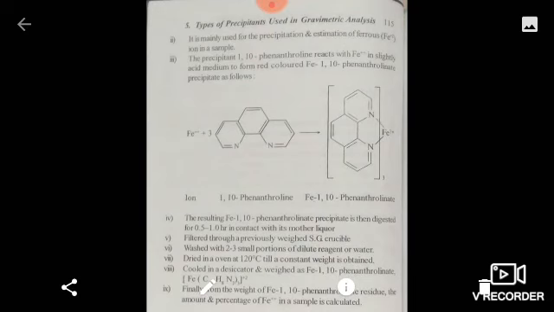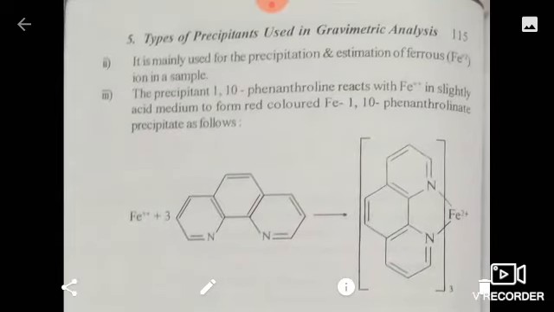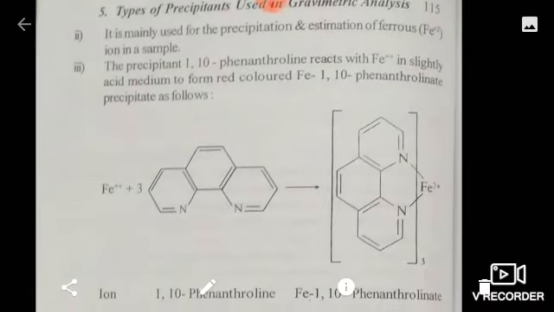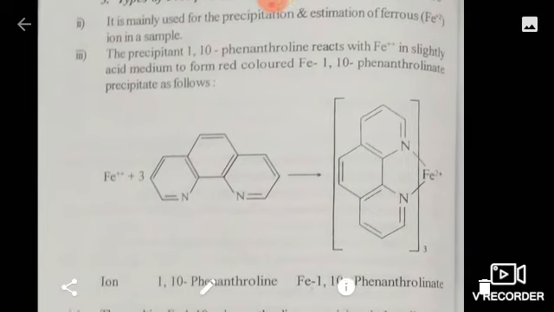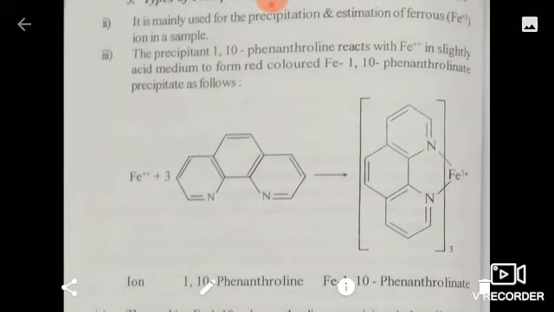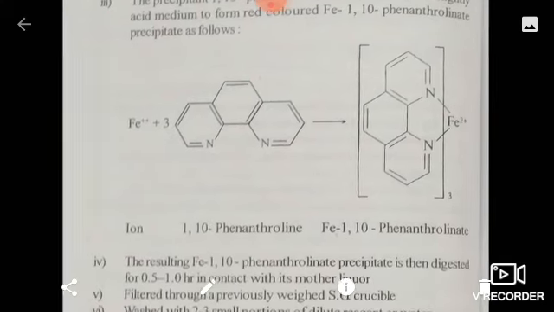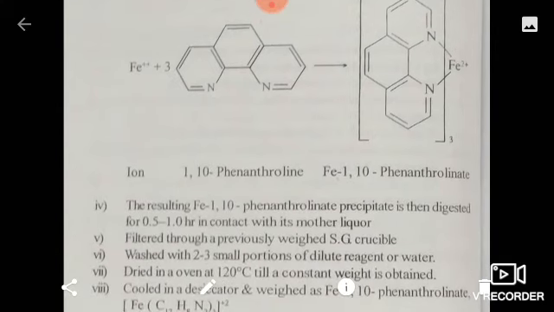It is mainly used for the precipitation and estimation of the ferrous Fe2+ ion in the sample. So the precipitant 1,10 phenanthroline reacts with the Fe2+ ion in slightly acidic medium to form a red colored Fe 1,10 phenanthroline precipitate. So we will get this type of precipitate.